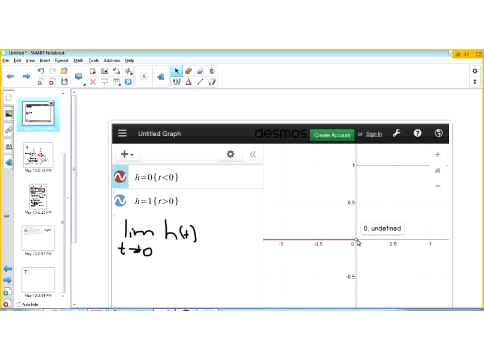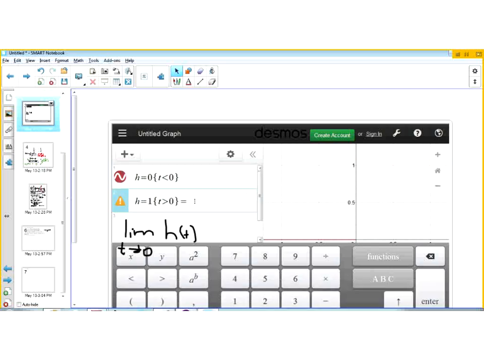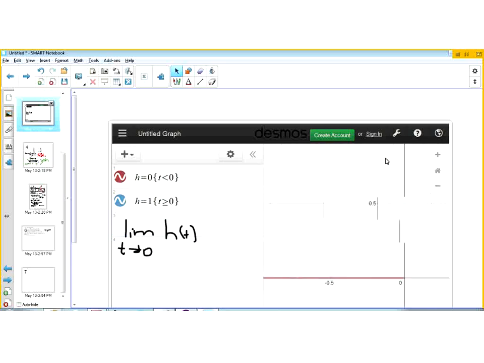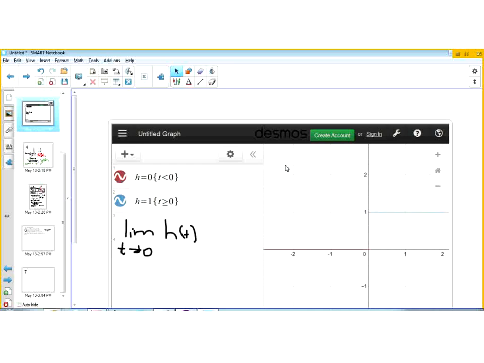Okay, and of course at 0 the output is undefined because, well, let's go ahead and define a value. Let me see if I can modify this. Will it let me? Okay, yeah, I think it'll let me. Okay, good. Oops, let me zoom out so I can see all of the graph.